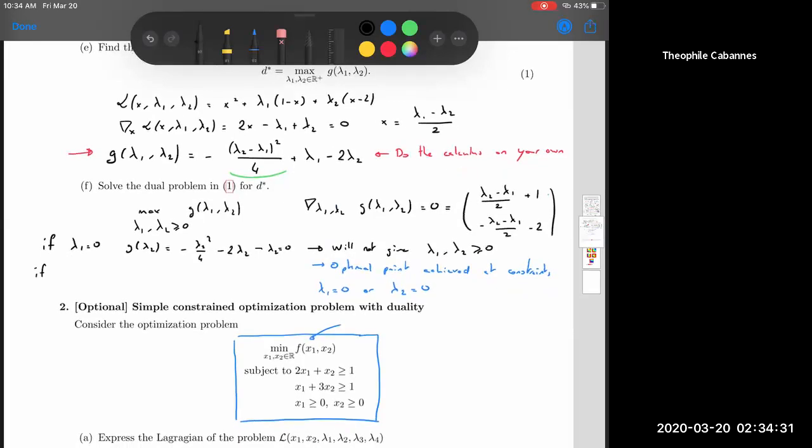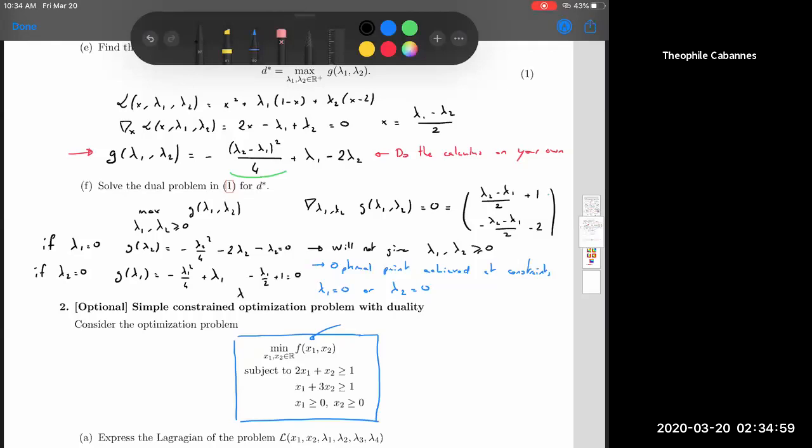And if lambda2 is equal to 0, you have j of lambda1 equal to minus lambda1 squared divided by 4 plus lambda1. And if you want to maximize this with respect to lambda1, you will find that minus lambda1 divided by 2 plus 1 is equal to 0.